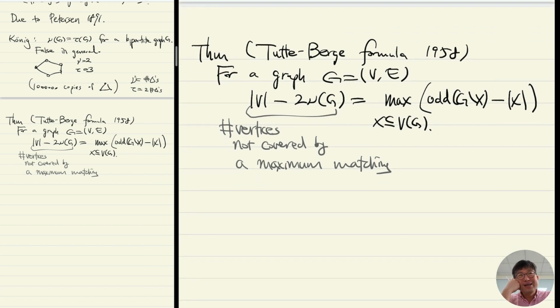So the maximum difference between the number of odd components and the size of X determines the minimum number of vertices not covered by a matching.